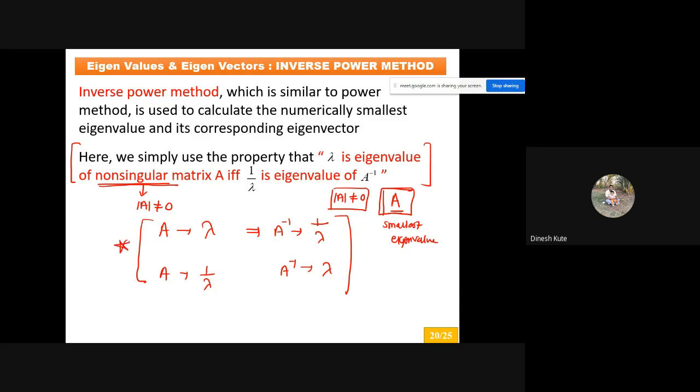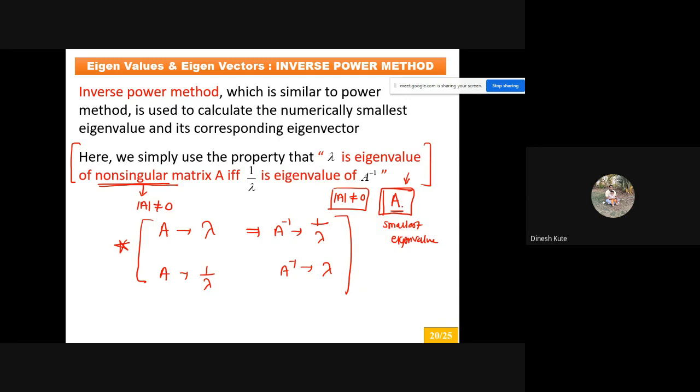Somewhere we need to use this part. As we know this result, that if A inverse has eigenvalue lambda, then A matrix has eigenvalue 1 by lambda, or if A matrix has eigenvalue lambda, then A inverse has eigenvalue 1 by lambda. How do you adjust this concept to calculate the smallest eigenvalue of a given matrix A? Can anyone tell me this?